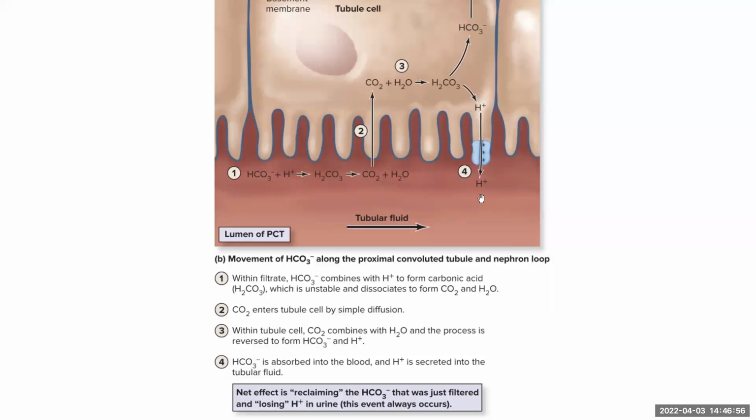Whereas the hydrogen ion is going to stay in the tubular fluid, making its way towards the distal end of the nephron tubule to be excreted. So we'll eventually pee this hydrogen ion out.